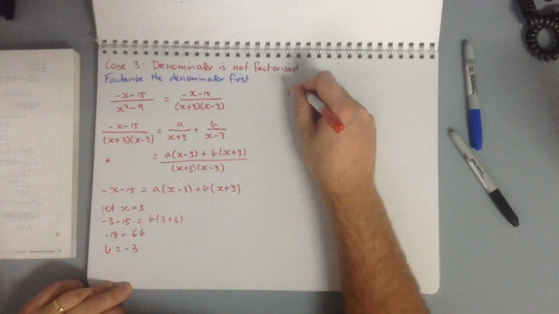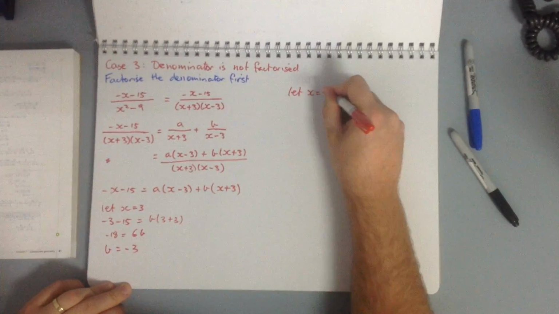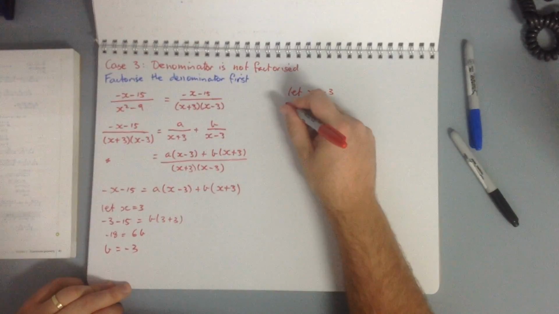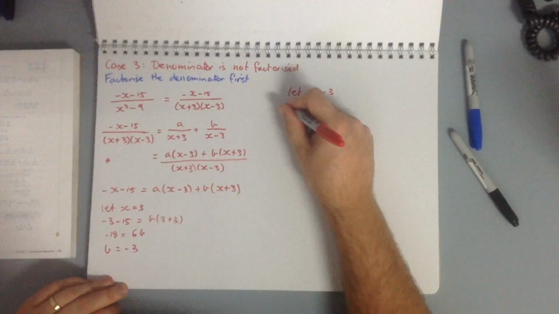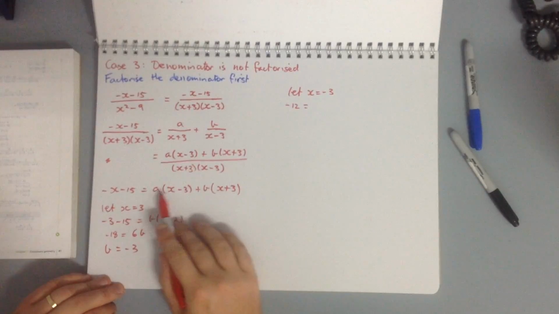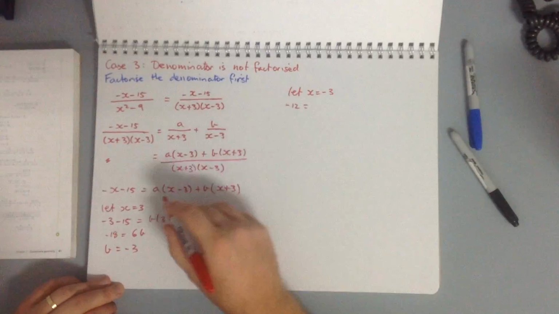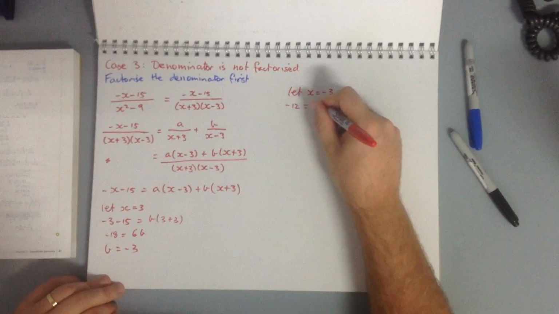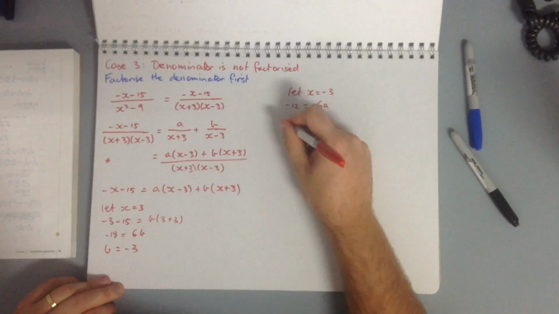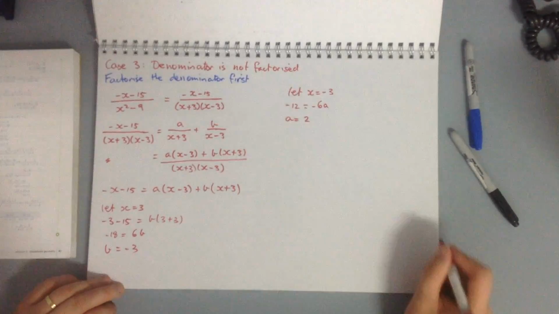Then we let x equal minus 3, so the double negative will turn into a positive, 3 take 15 will give us minus 12. Minus 3 take 3 will be minus 6, so it'll be minus 6a. And then this one's going to drop out, so we'll get a equals 2.